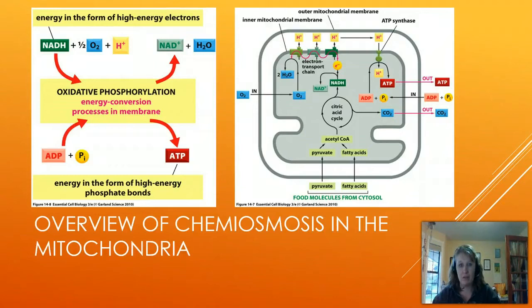As they pass back through, they're going to generate ATP through the combining of ADP and Pi with the ATP synthase, using that proton motive force of the protons coming back across to drive this energy change. So all we're doing is transferring energy from electron form to a phosphate bond, and this is just a way of us harnessing all of that energy that was found in the food you ate for breakfast, lunch, or dinner.